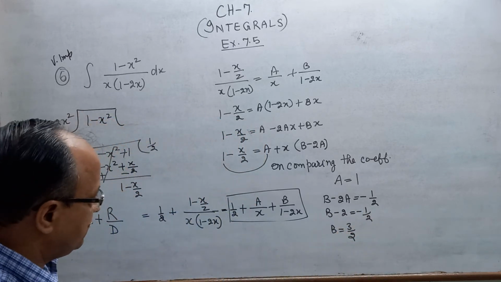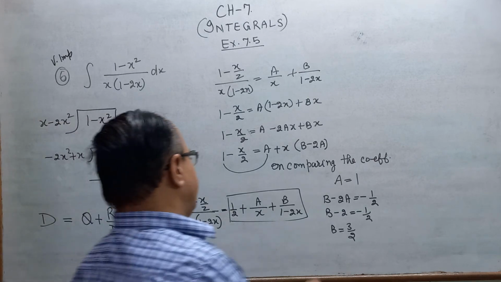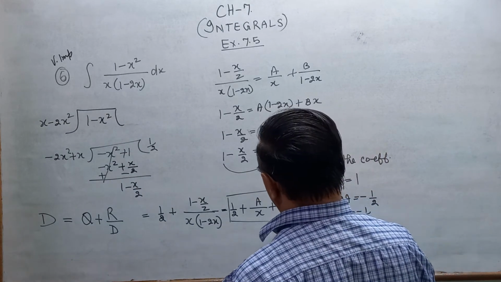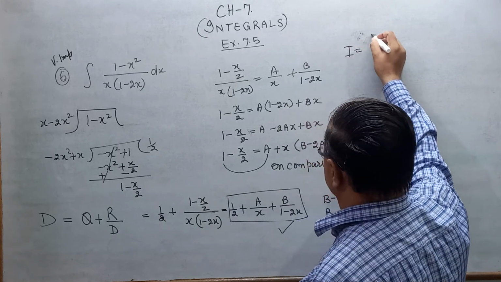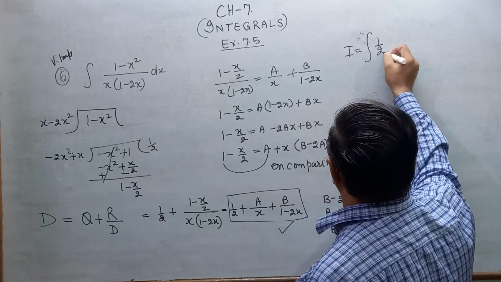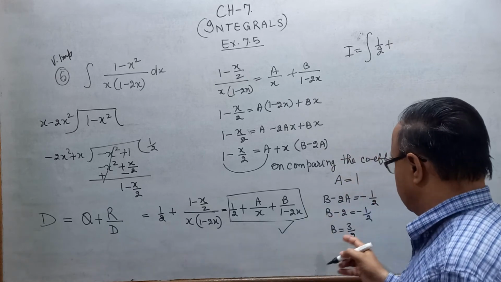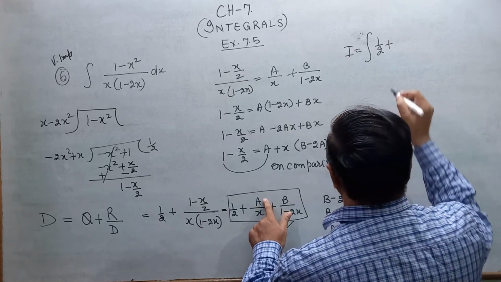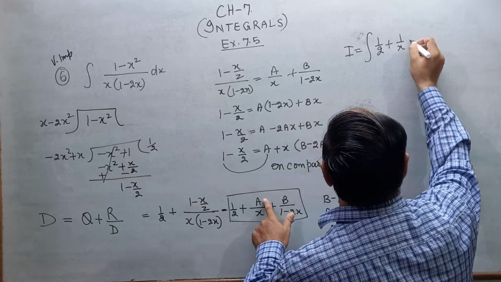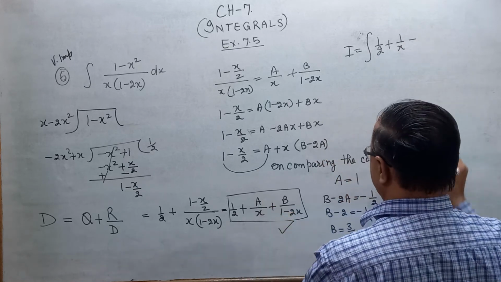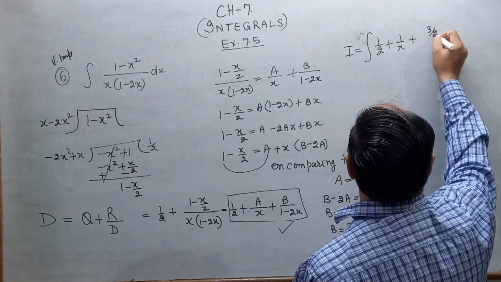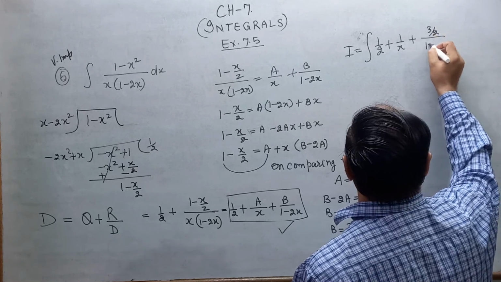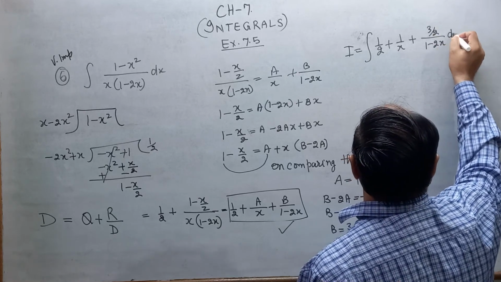Now you know the values of A and B. Put the values of A and B here. Therefore integration of 1 by 2, and the value of A is 1, put here 1 by x. Value of B, you know, 3 by 2 upon 1 minus 2x.